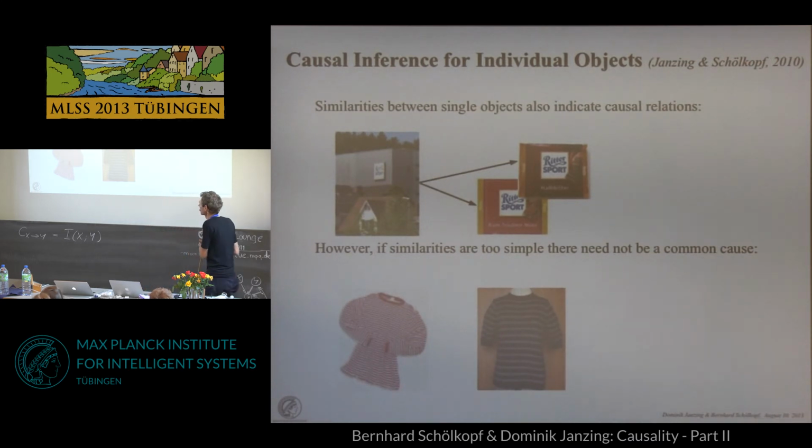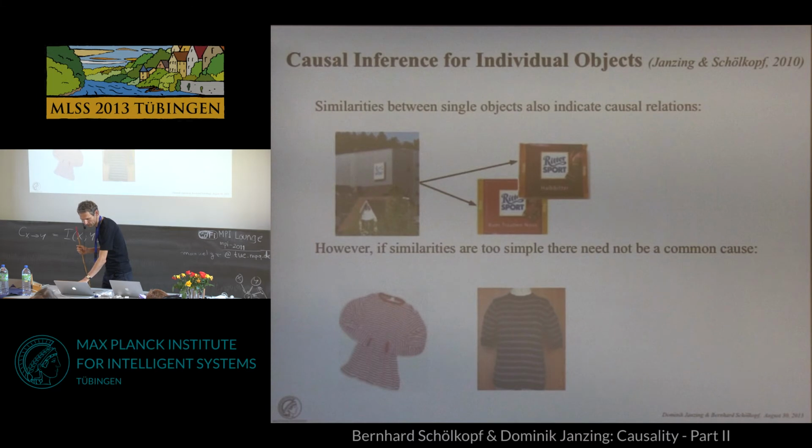This example is supposed to show that in order to infer a causal relation from similarities, you need some sufficiently complex similarities. So it's not just how much they are similar, or your intuitive notion of how much they are similar depends on how complex the pattern would be.